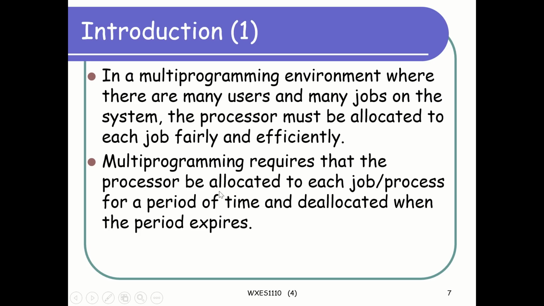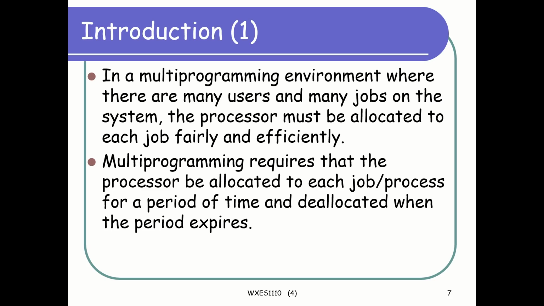Multi-programming requires that the processor be allocated to each job process for a period of time and deallocated when the period expires. So this is how the processor manages. You have a time window to complete this job and process, and then you deallocate the CPU time for the job and go for a new one.